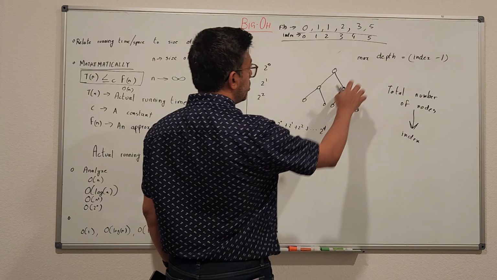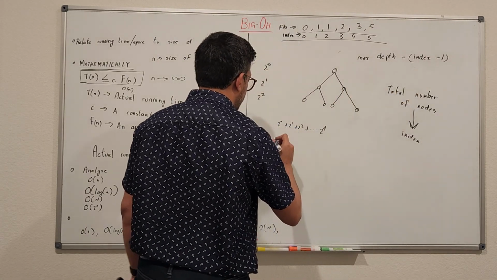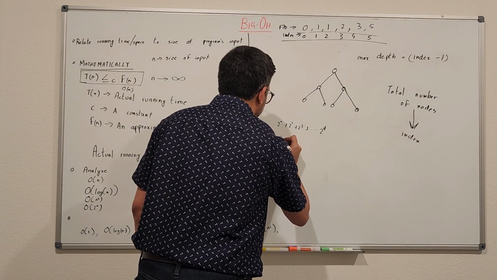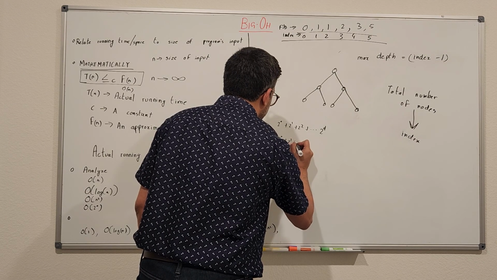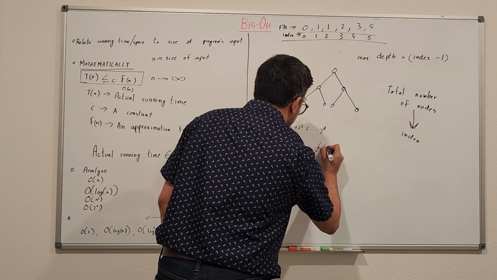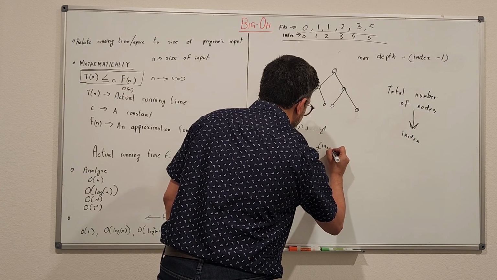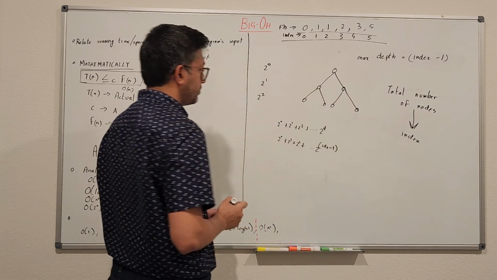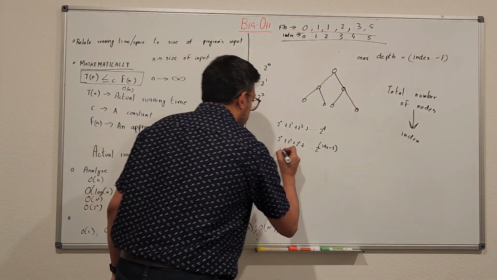Now we already know the depth is index minus 1, which means the total number of nodes is 2 raised to 0 plus 2 raised to 1 plus 2 raised to 2 plus dot dot dot 2 raised to index minus 1. Okay, so this is the total number of nodes.